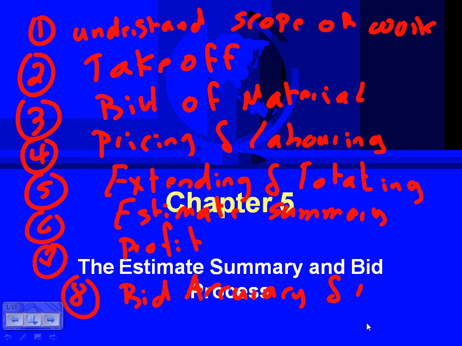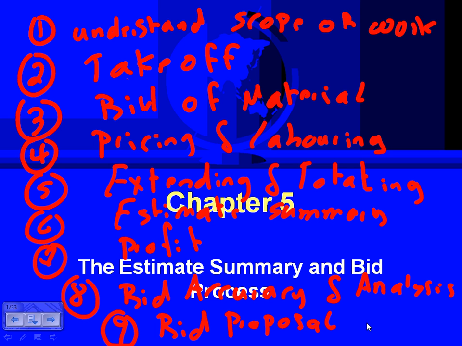Bid accuracy and analysis. And the last one is what? Bid proposal. Any questions, guys, about these 9 steps? This is what Phil, my friend, is going to be doing with us.